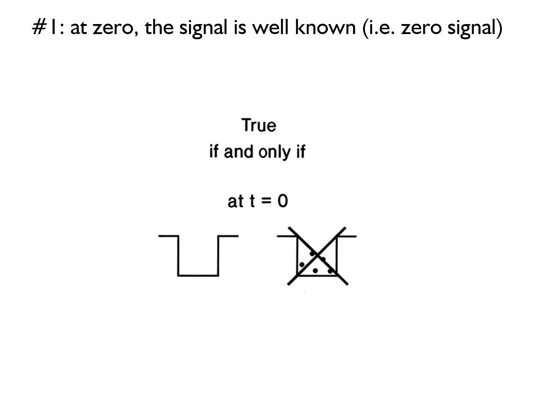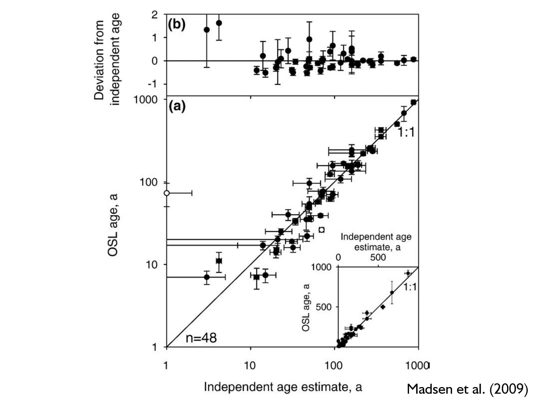So for the initial condition, for luminescence, what we expect is that at time 0, the signal is 0. One way to measure that is to measure the age of young sediment. I show here, again on a log scale or a linear scale in inset, luminescence ages versus independent ages, but for very young sediment, from a few years of age up to about 1,000 years at the top here.